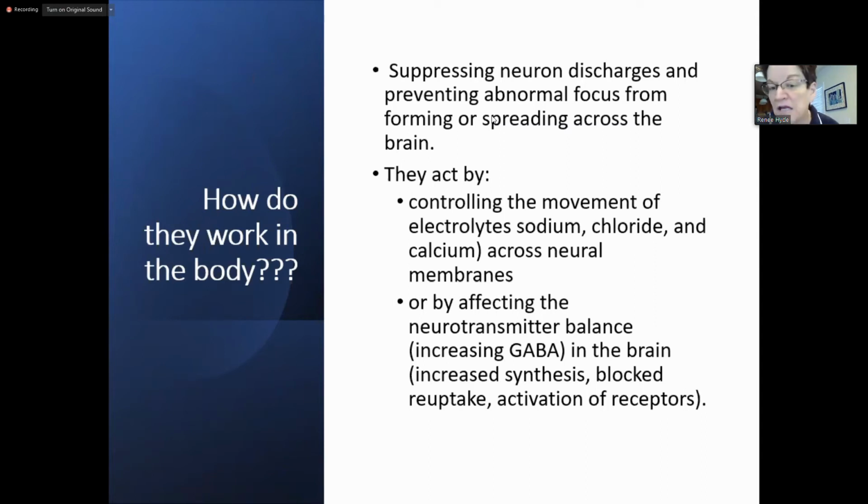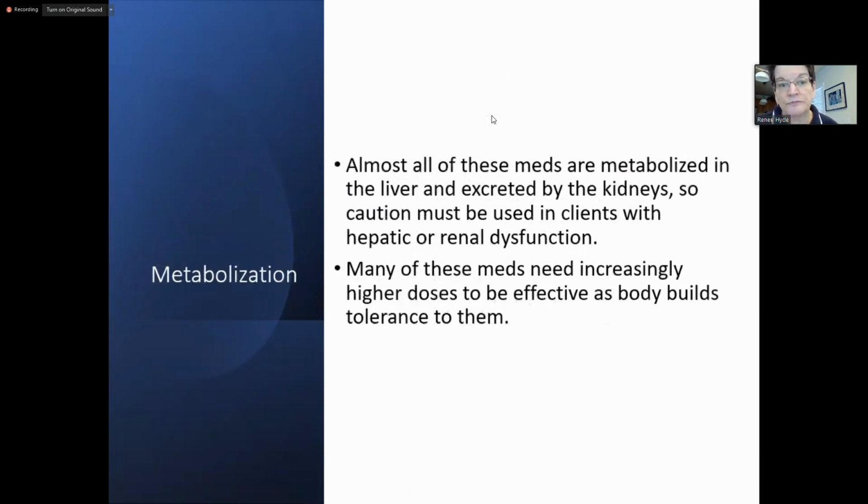They block its reuptake, and they also activate GABA receptors. So many, many ways that it can work. However, one of the things you need to remember is that they're all metabolized in the liver and excreted by the kidneys. So if we have patients that have liver dysfunction or renal insufficiency, they have to be used with precaution.